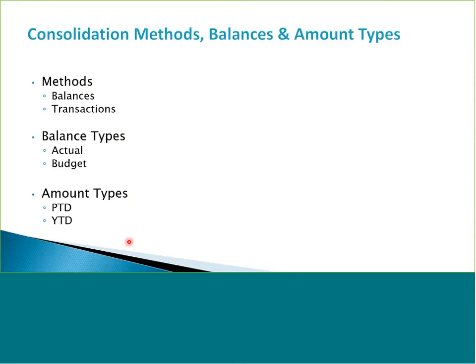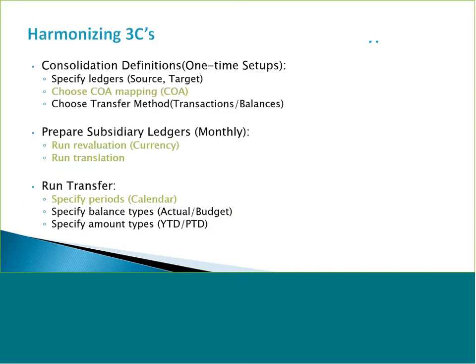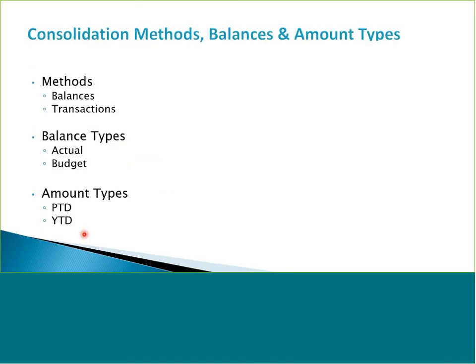So as we have said, these are some of the other things that we need to do during the consolidation process. We need to choose a transfer method when we are doing our consolidation definitions. And then at runtime, when we're doing the transfer, we need to specify the balance types and the amount types, which means we have options.